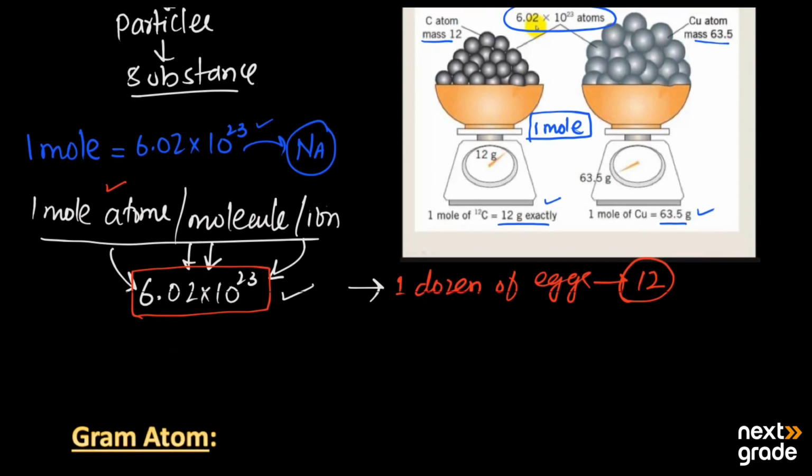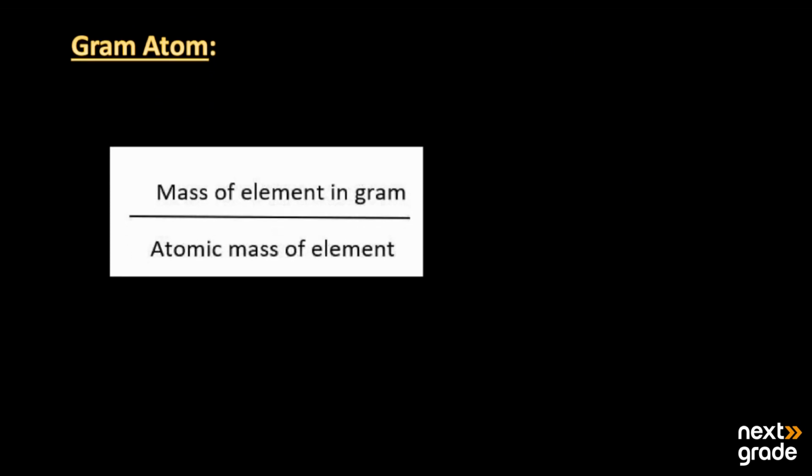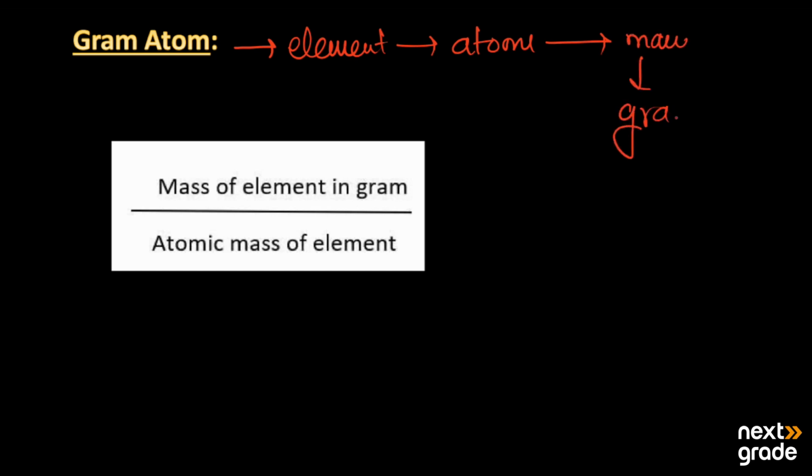Okay. After this, we have gram atoms. Now, what is meant by the gram atoms? For example, if we have any substance or any element consisting of atoms, and the mass of these atoms is expressed in grams, then it is known as the gram atomic mass, or simply gram atoms.